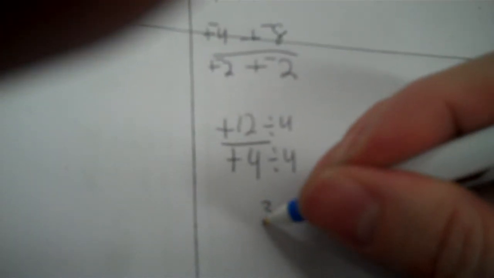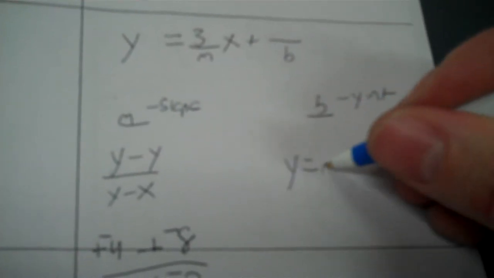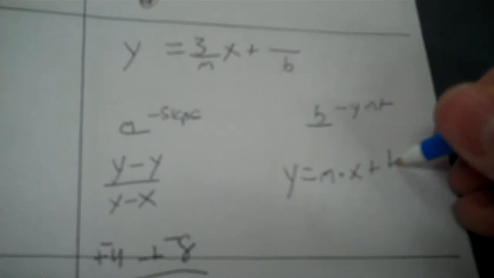There's a 4, there's a 12, and that's the lowest row, so I would take the 4. That's 3 over 1. Now when you have 1 on the bottom, you can get rid of it, so your slope is just 3. So the m we have is 3.